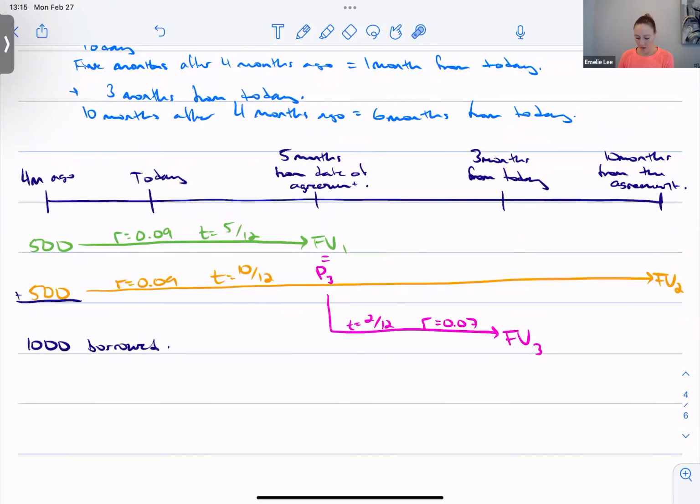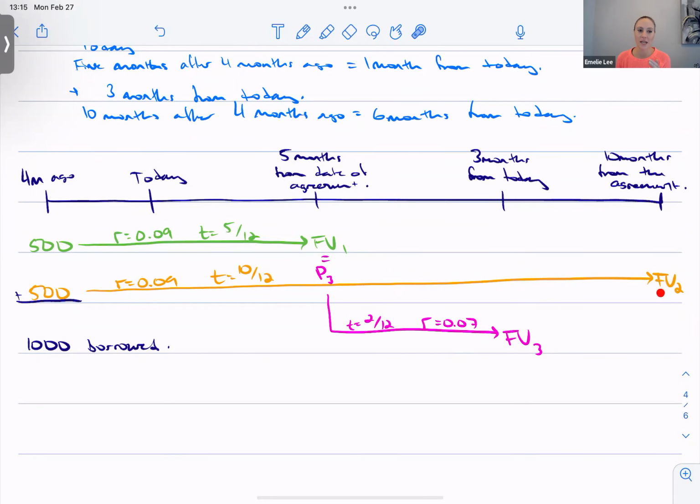Okay. So this is showing that, okay, well, she borrowed it for 2 months longer, so she's going to have to pay interest, but the interest rate changed. So now she only has to pay 7% on that extension. Okay.